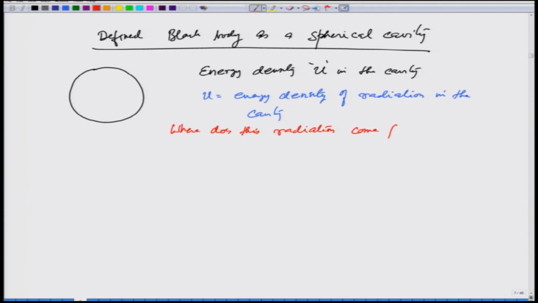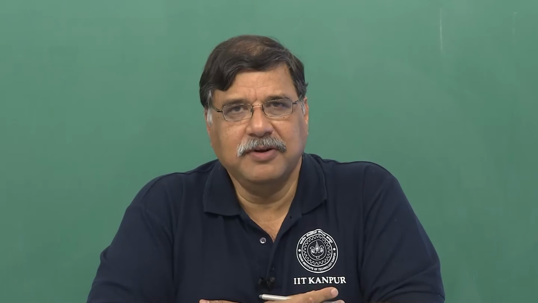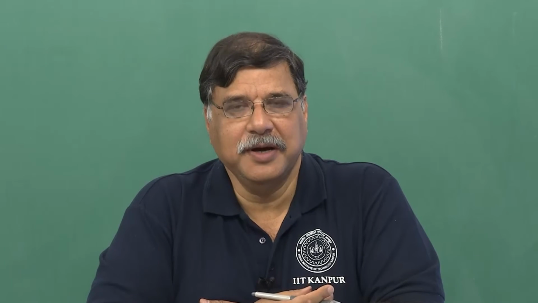What is seen is that if the body is heated to a temperature T, it fills the cavity with radiation. As we saw in the example of coals in the previous lecture, when I burn these coals, there is a cavity from which you see red light coming out.